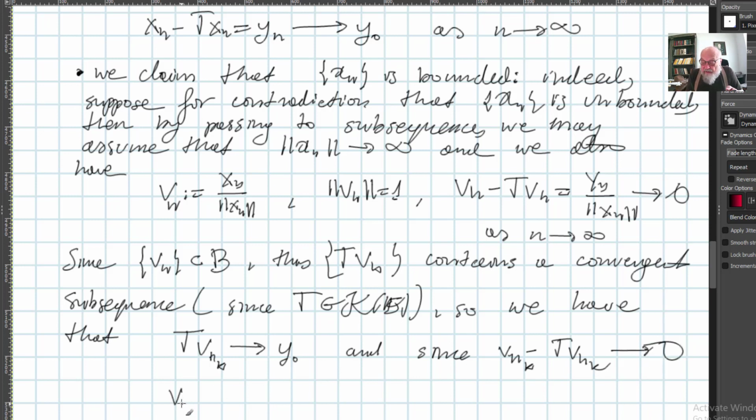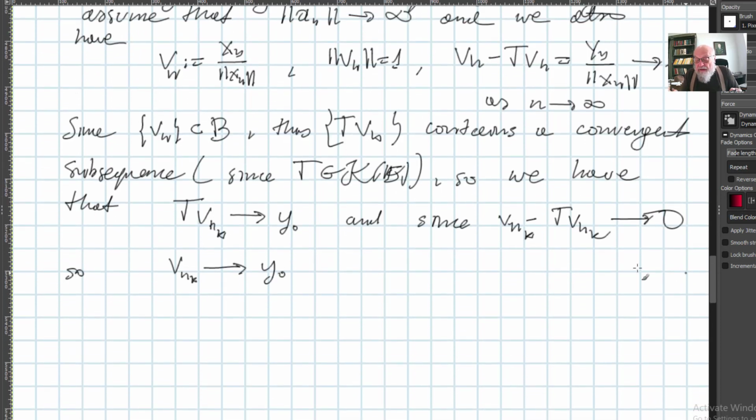We are obtaining that V n k goes also to Y naught. And we also have here that Y naught has the norm equal to 1.